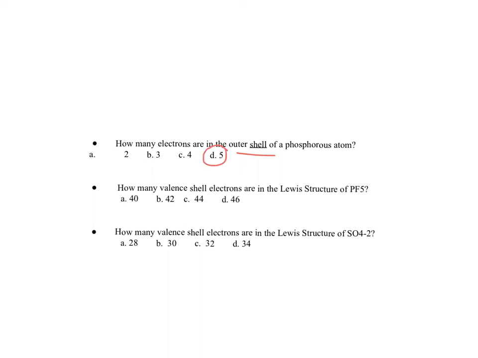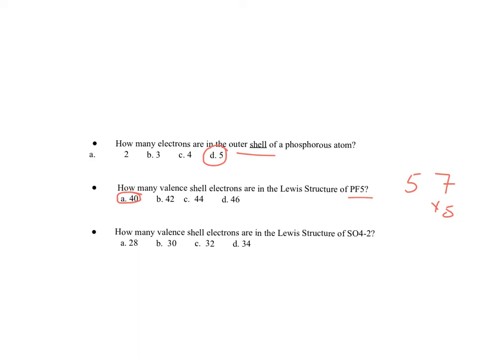And then valence for PF5, right? So we know that P has 5, and then we look at F, and F actually has 7, but there are 5 of those. So 5 times 7 is 35, so it has a total of 40 valence electrons.